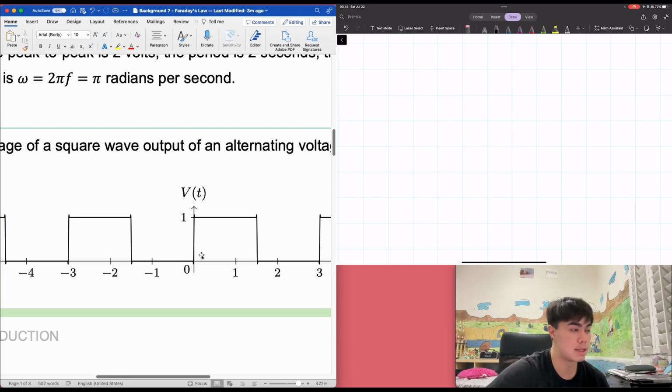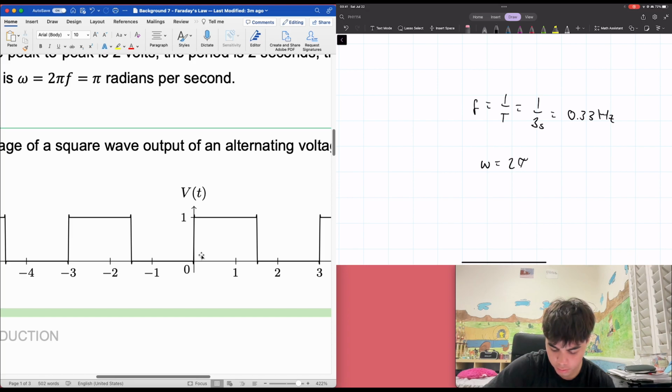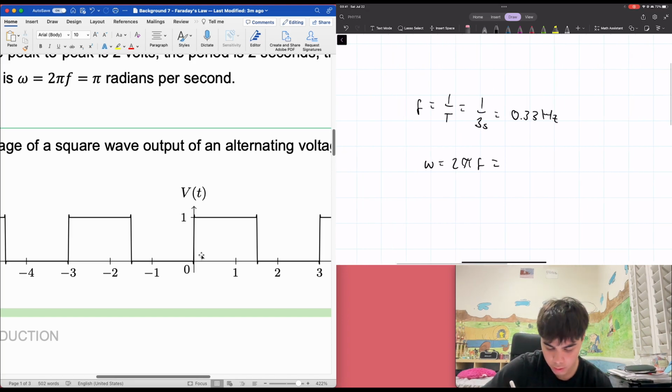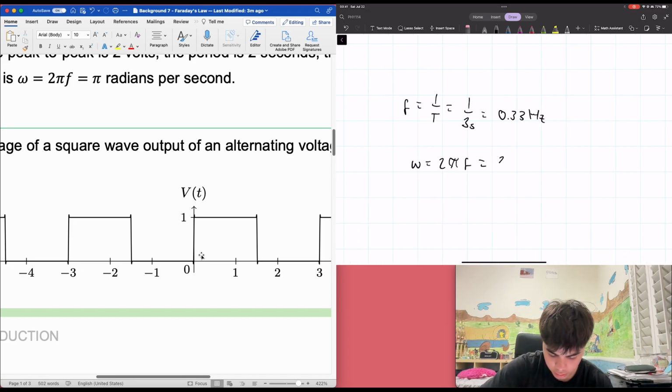That means the frequency is 1 over 3 seconds, because frequency is 1 over a period, which is 0.33 hertz. And then the angular frequency is 2 pi times the frequency, which is 2 over 3 pi radians per second.